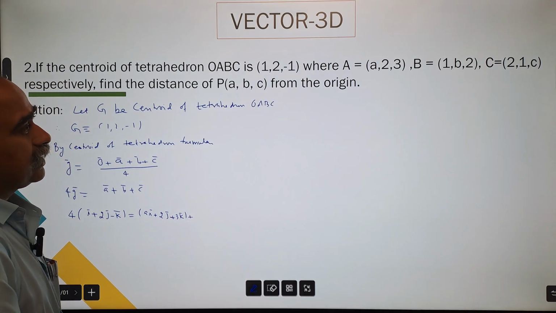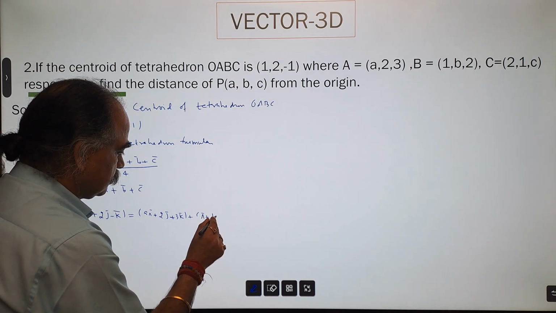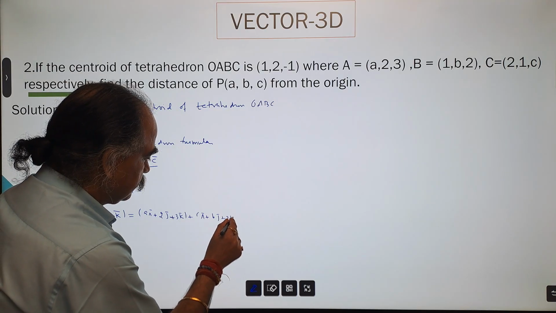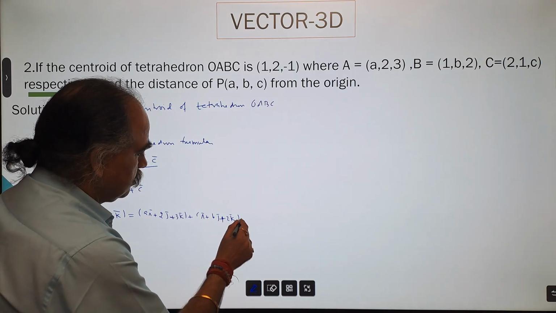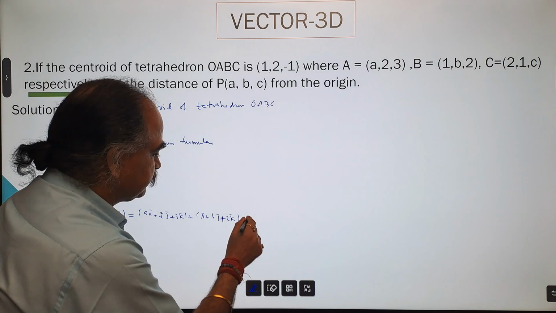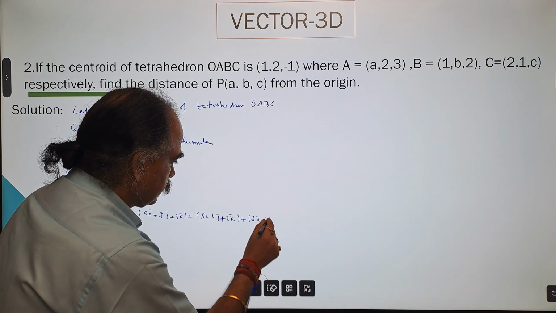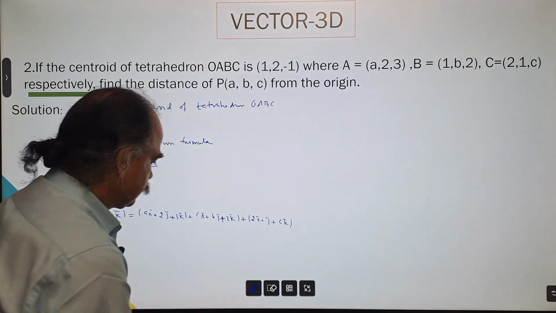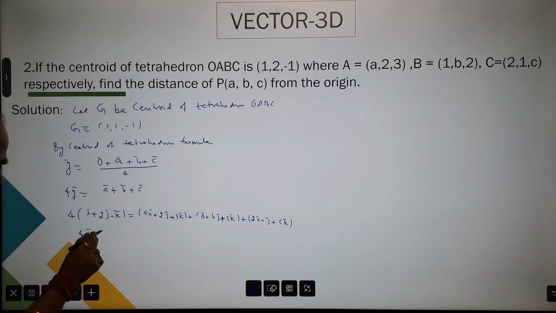B bar is I plus BJ plus 2K. Plus C bar is 2I plus J plus CK. This will give you 4I plus 8J minus 4K.